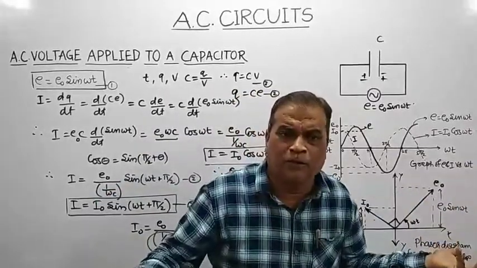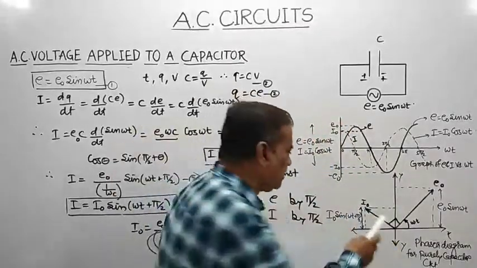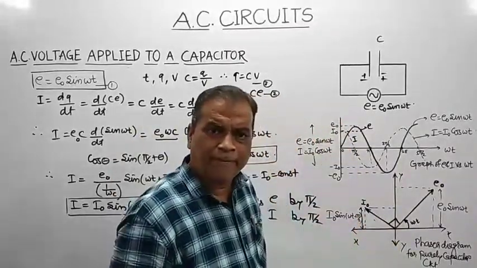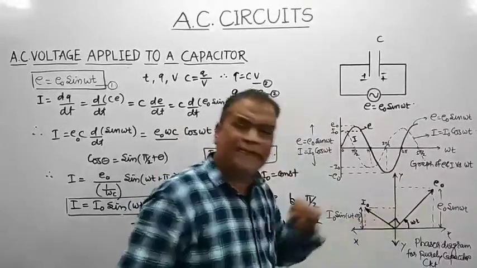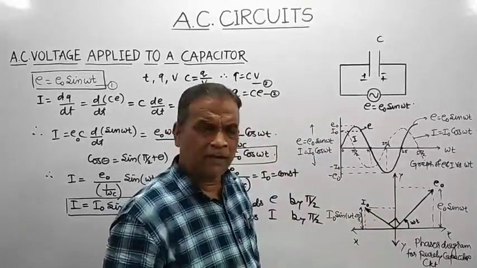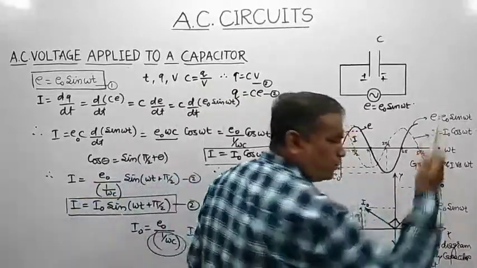of pi by 2, that's why the phasor representing the peak value of alternating current will be shown at 90 degree in anti-clockwise direction with respect to E0.